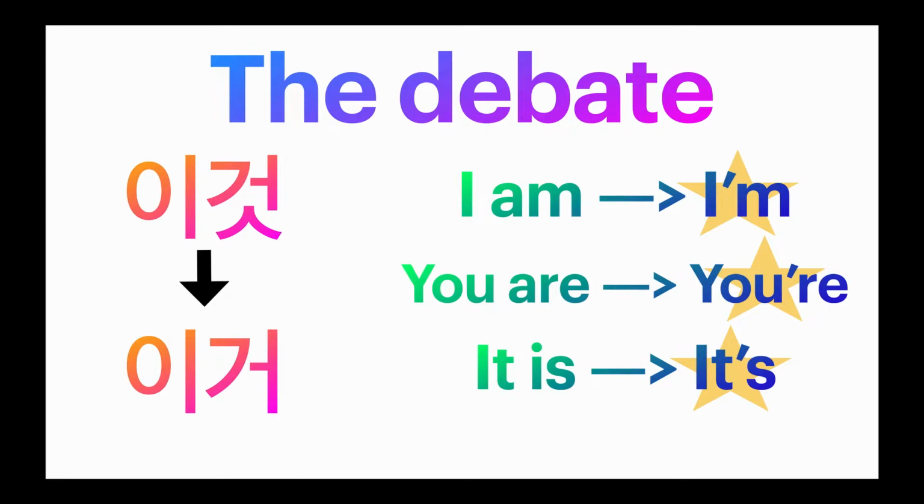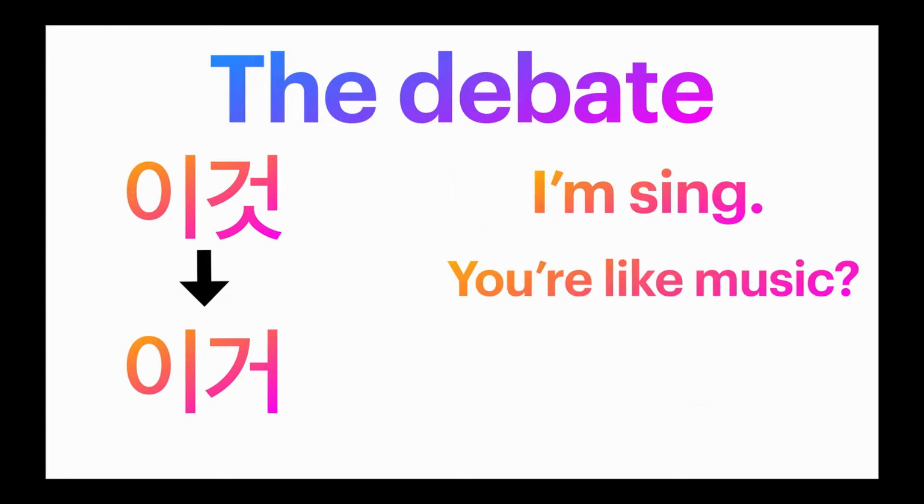And in fact, a lot of my English textbooks, when I'm teaching my Korean students English, will have the abbreviated form with just a little side note that says what the abbreviated form stands for, and we'll practice it that way. However, over the course of a few years, I've noticed that the students who practice the abbreviated forms right away will very often later on make mistakes like, I'm sing. You're like music? It's birds. Because they don't really have a good understanding of what exactly is abbreviated.